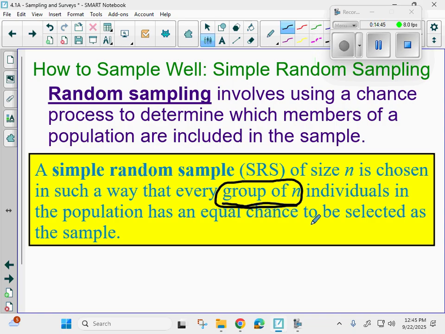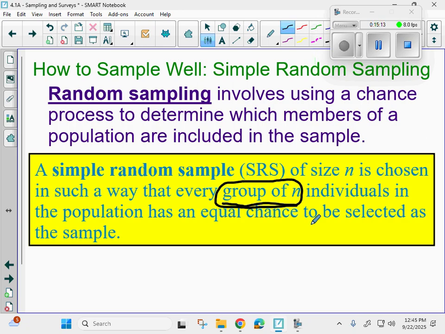Now, they will ask you this question several times in several ways, and they're going to say something like this. An SRS means every individual has the same chance of being chosen. And that's the wrong answer, okay? Don't ever pick, even though it sounds right, don't ever pick the one that says every single individual has the same chance of being chosen. It has to be every group of size n, whatever that group is.